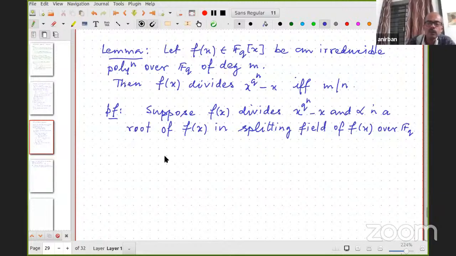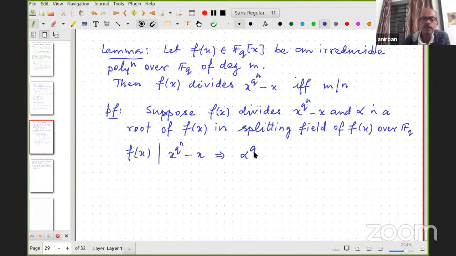So let alpha be a root of f(x) in the splitting field of f(x). It has a root somewhere, so just pick one. Since f(x) divides x to the q to the n minus x, alpha is going to be a root of this as well.